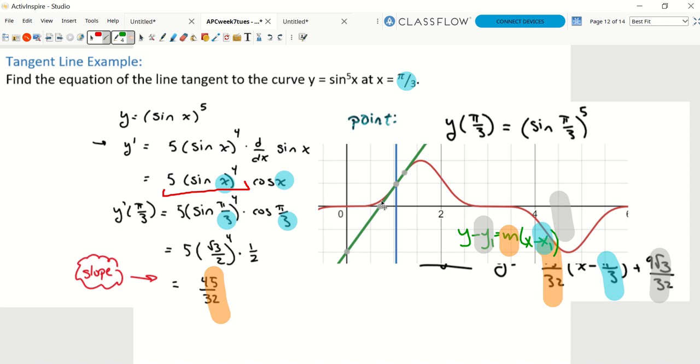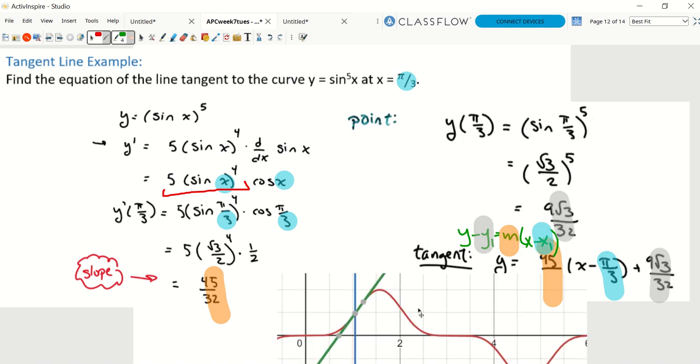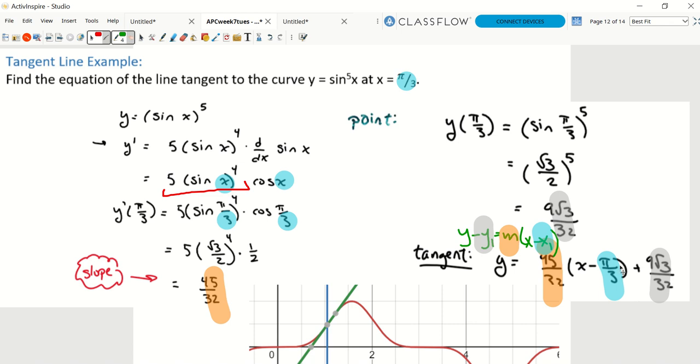So the line tangent to the red graph at x equals pi over 3. This green line right here is the equation of that green line. So when you plug this into Desmos, and also plug in this into Desmos, you're going to get the red and the green.